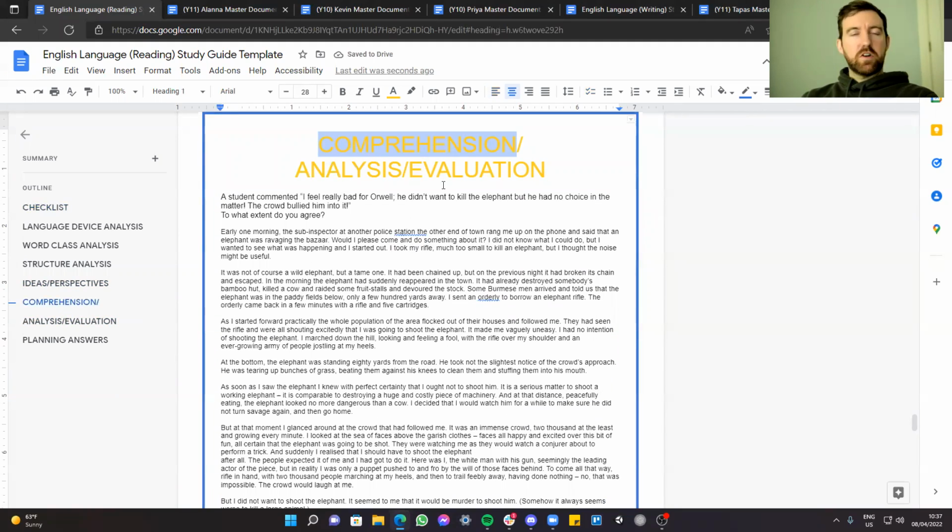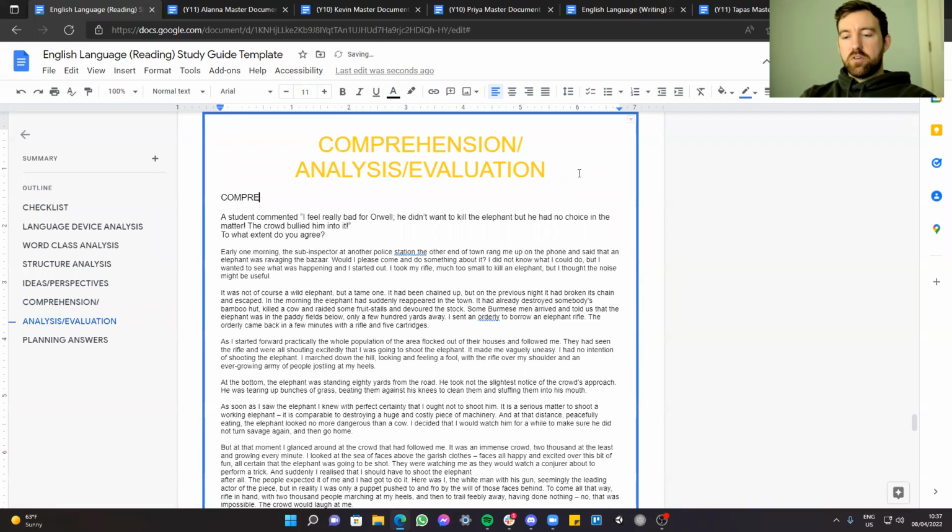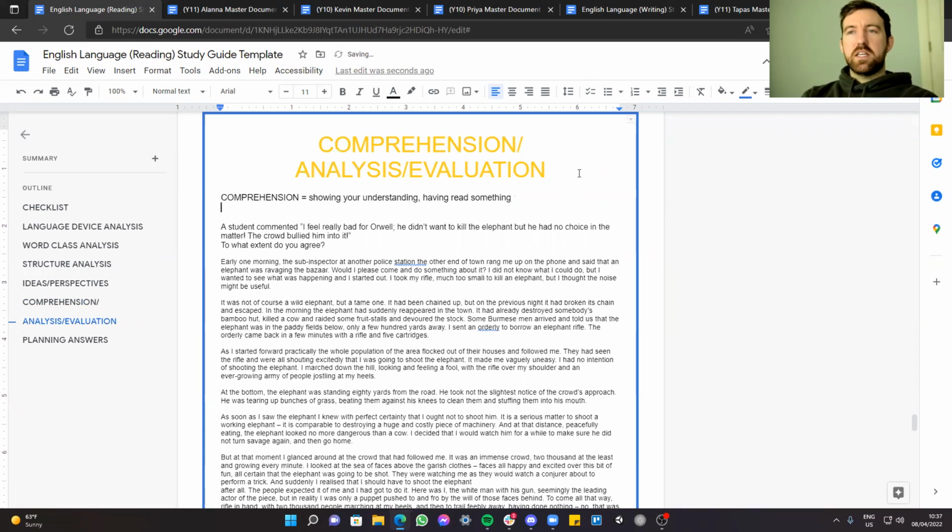But we'll start very simply with what these three terms actually mean. So comprehension, in simple terms, basically means just showing your understanding, having read something. In a comprehension answer, you usually don't even need to use quotes.